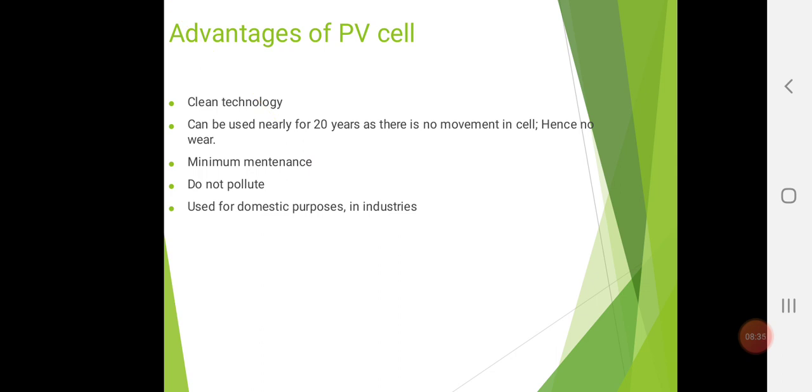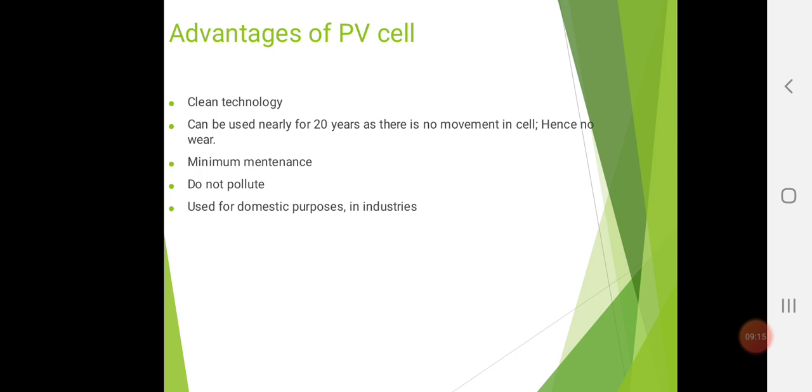Now, the next point is advantages. But before advantages, I would like to tell you some factors influencing the efficiency of PV cells. For high efficiency of PV cells, the P-type semiconductor layer should be of a material which has high conductance, so that maximum photons are absorbed, which frees that many electrons. Another important precaution required is not to allow free electrons to escape the cell.